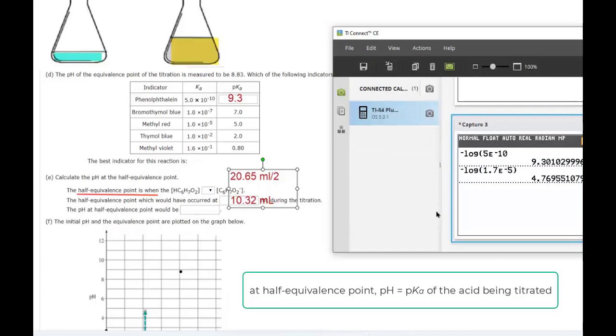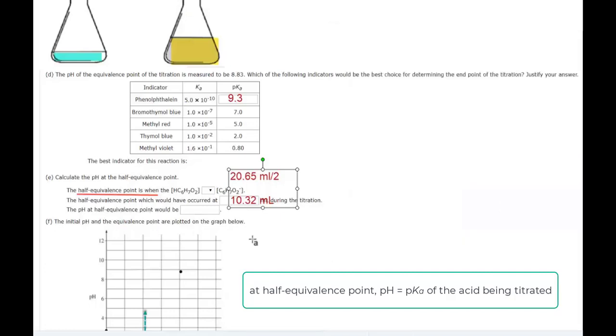The pH at the half equivalence point is going to be that 4.77. So 4.77 is equal to the pKa. And when you have half titrated a weak acid, halfway there, the secret of that acid, the pKa, is going to be there, 4.77.